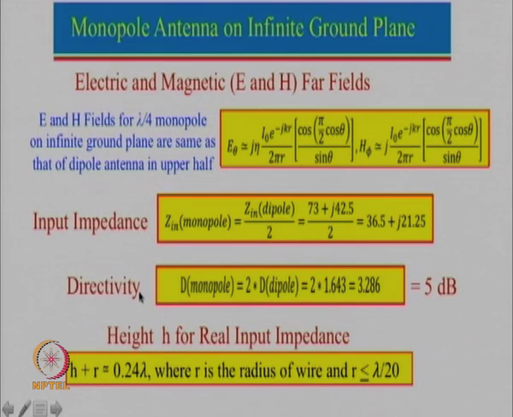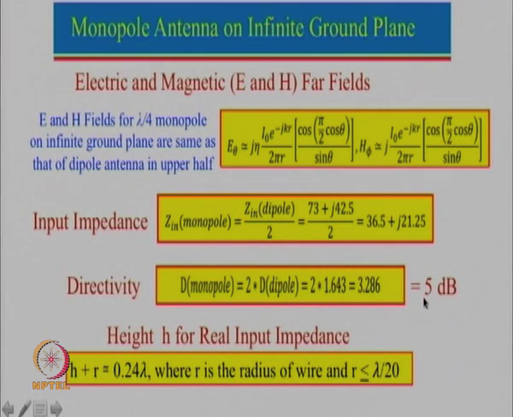Now the directivity of the monopole antenna will be 2 times that of the dipole, but this is valid only if there is an infinite ground plane. For a finite ground plane this is not at all true. Since the radiation is only in the upper hemisphere and there is no radiation in the lower hemisphere, the directivity will be double that of the dipole antenna.